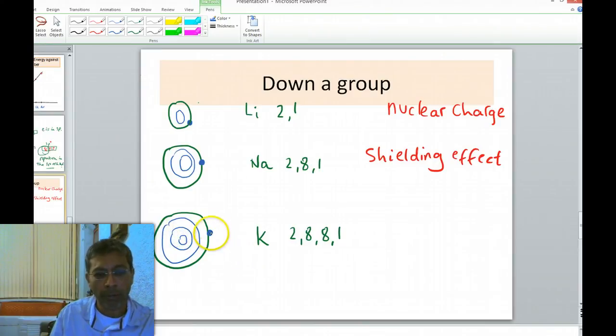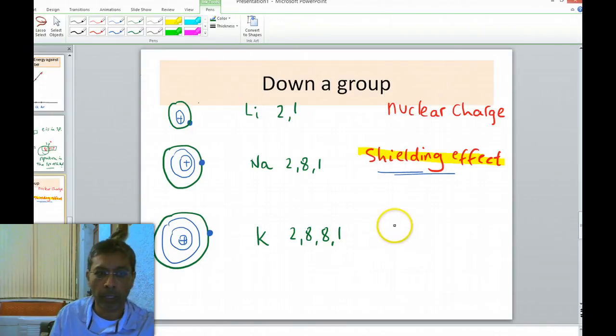So the outer electron is being shielded from the nucleus, the nuclear charge. So the thing to remember here is the shielding effect is way more important than the increase in nuclear charge.